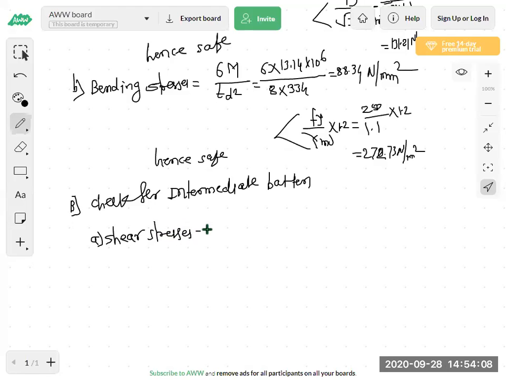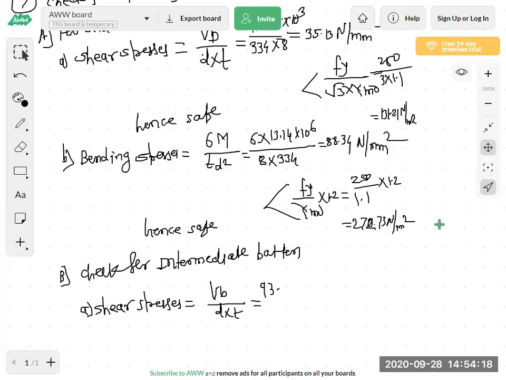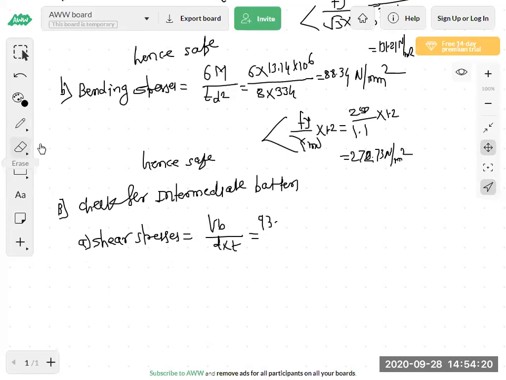Shear stress is coming on this. So again VB by D into T. So VB is 93.86 into 10 raised to 3, because this is in kilonewton, we have to convert it to Newton.